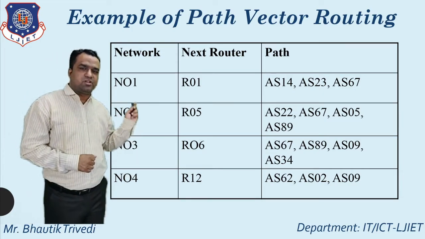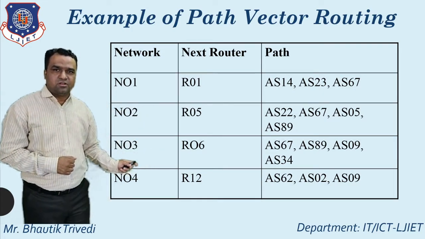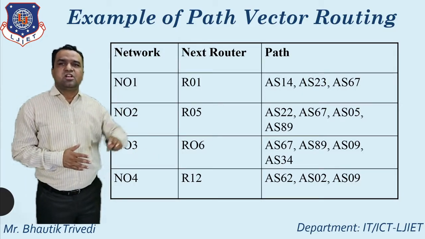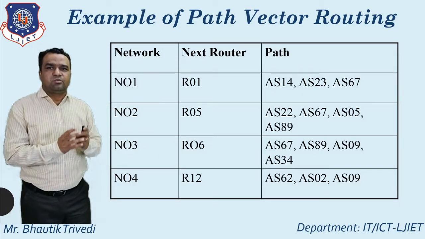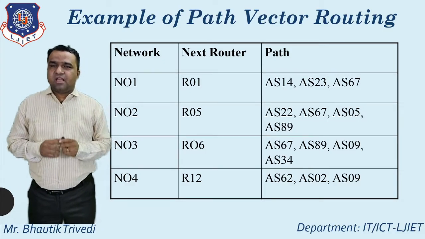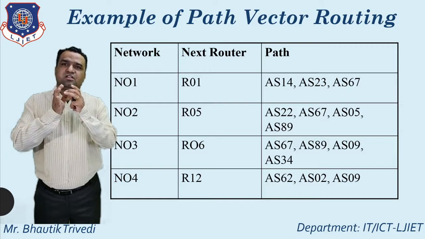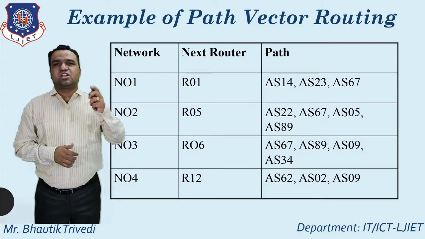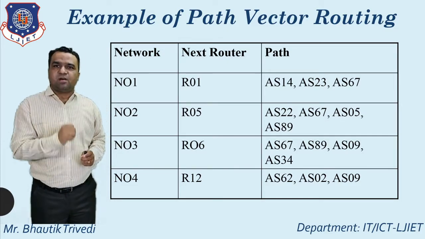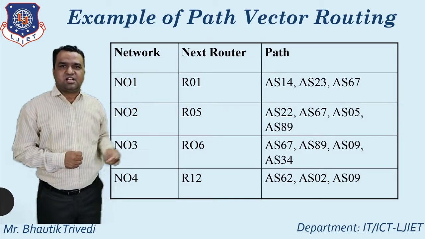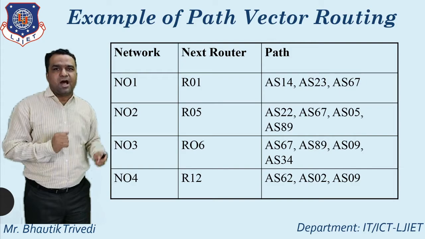N03 has its path, and N04 has its sequence of path and next router. So this is an example of path vector routing, and the routing table structure has three components: the network, the next router, and the path.